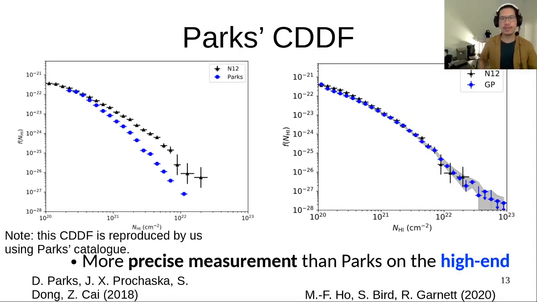Here we show another CDDF from another machine learning model reported in Parks et al. 2018, and they used a CNN model, the convolutional neural network model, to find DLAs.